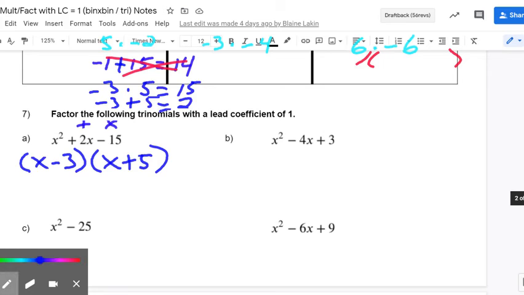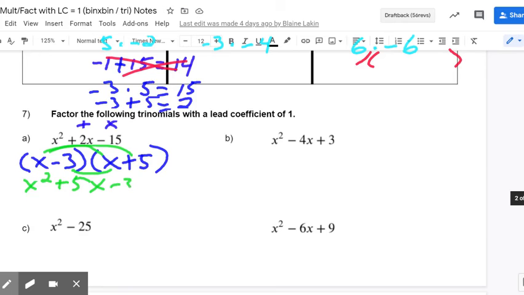So I'm going to go x times x is x squared. X times 5 is 5x. Negative 3 times x is negative 3x. And negative 3 times 5 is negative 15. And then when we combine those like terms in the middle, we get 2x.